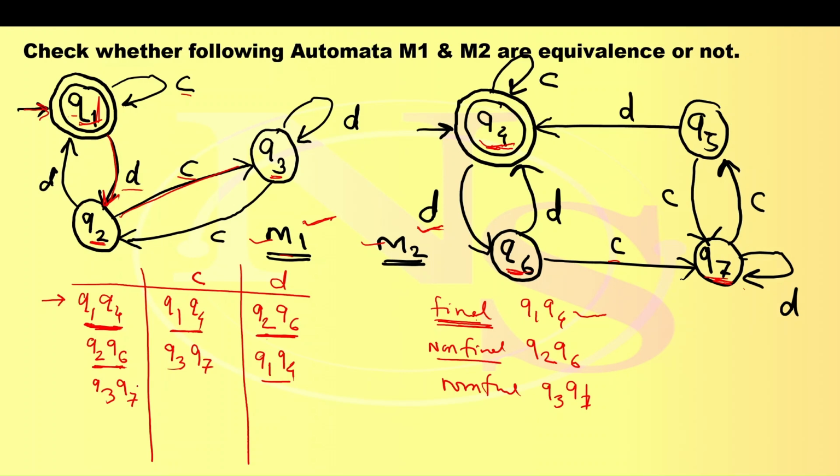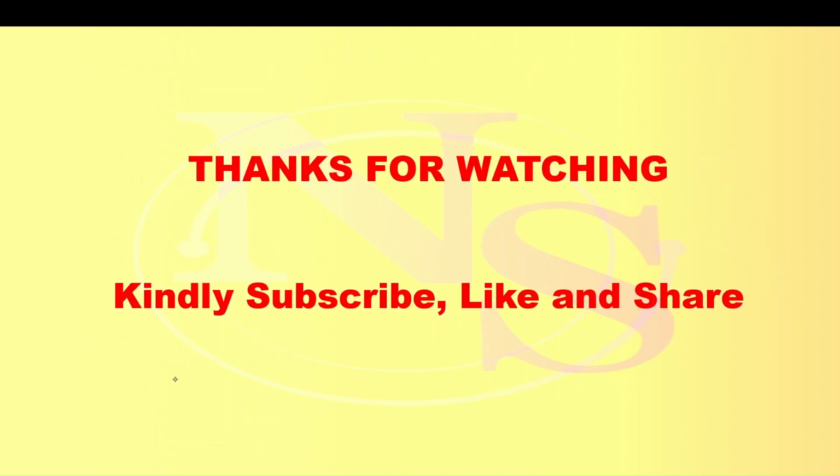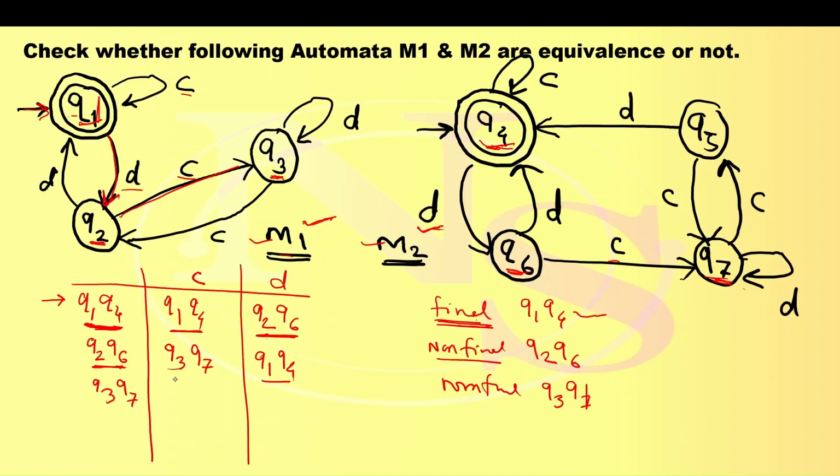Repeat the process. Q3 Q7 on C: Q3 on C goes to Q2, Q7 on C goes to Q5. Now observe, Q3 Q7 on reading C goes to Q2 and Q5.